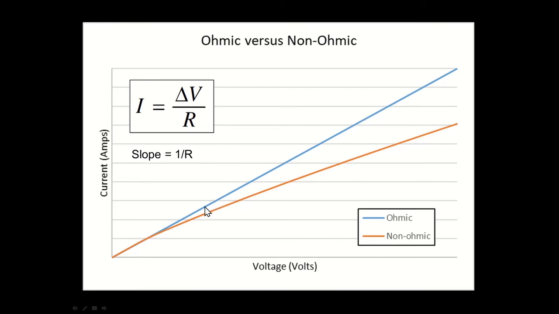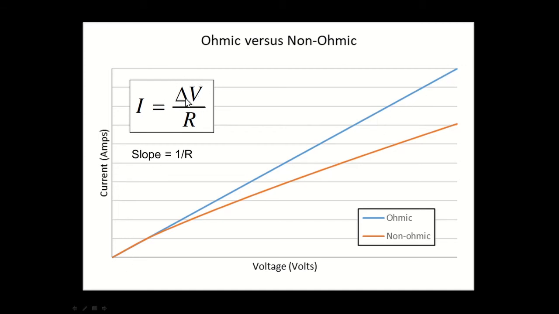Now, there are two kinds of resistors, or two classes of resistors. One would be ohmic, and the other is non-ohmic. Ohmic resistors simply follow Ohm's law, that voltage and current are directly proportional. So if you graph those two, you should get a straight line here.